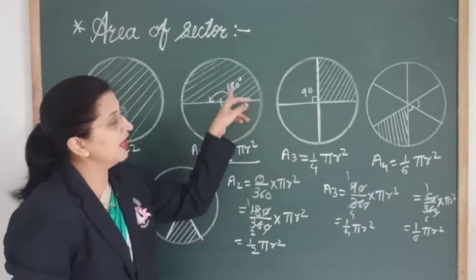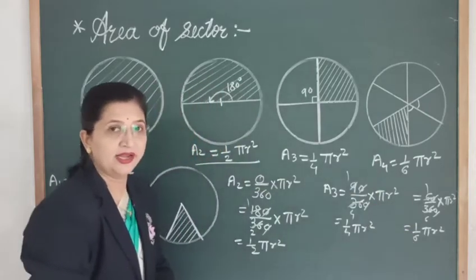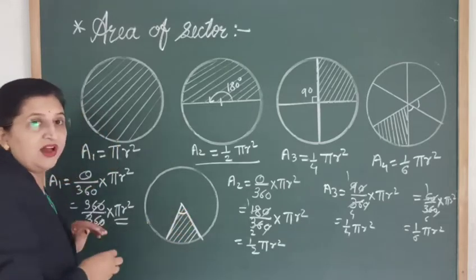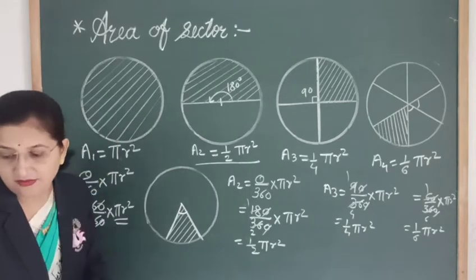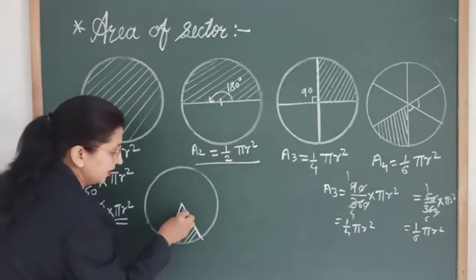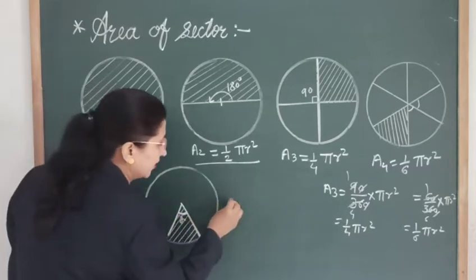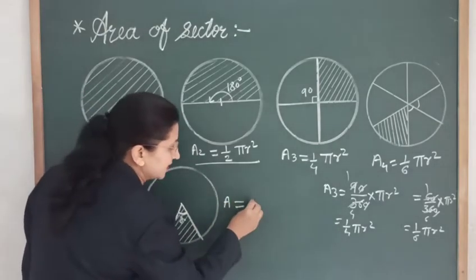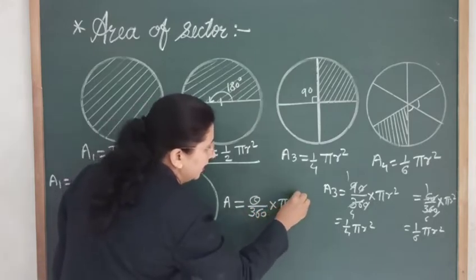So if we know theta, that is the central angle, and the radius, we can find out the area of the sector. If the measure of the central angle is given, we can easily find the area of this sector. Suppose the angle is given as 80 degree. To get the area of this sector, we'll say area of the sector is theta upon 360 into pi r square.